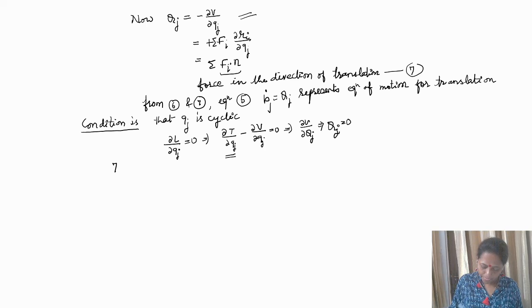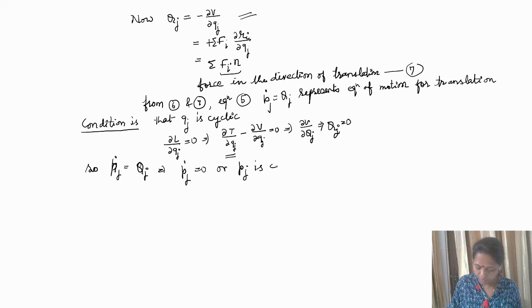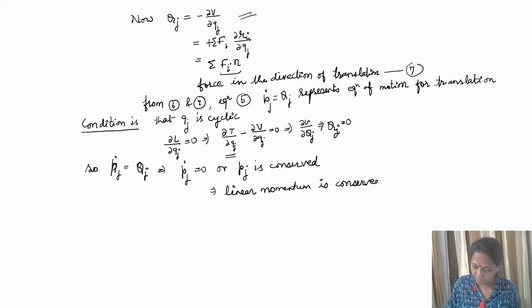So Pj dot is equal to Qj implies Pj dot is 0 or Pj is conserved, and you have already shown that Pj is linear momentum. So this implies linear momentum is conserved, and this is the linear momentum corresponding to cyclic coordinate.